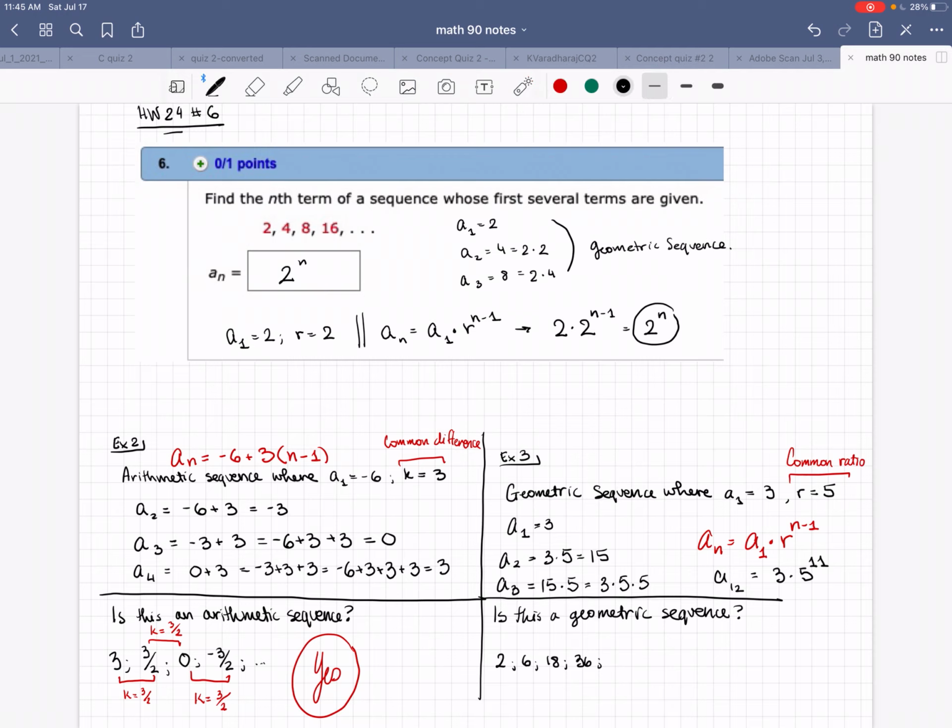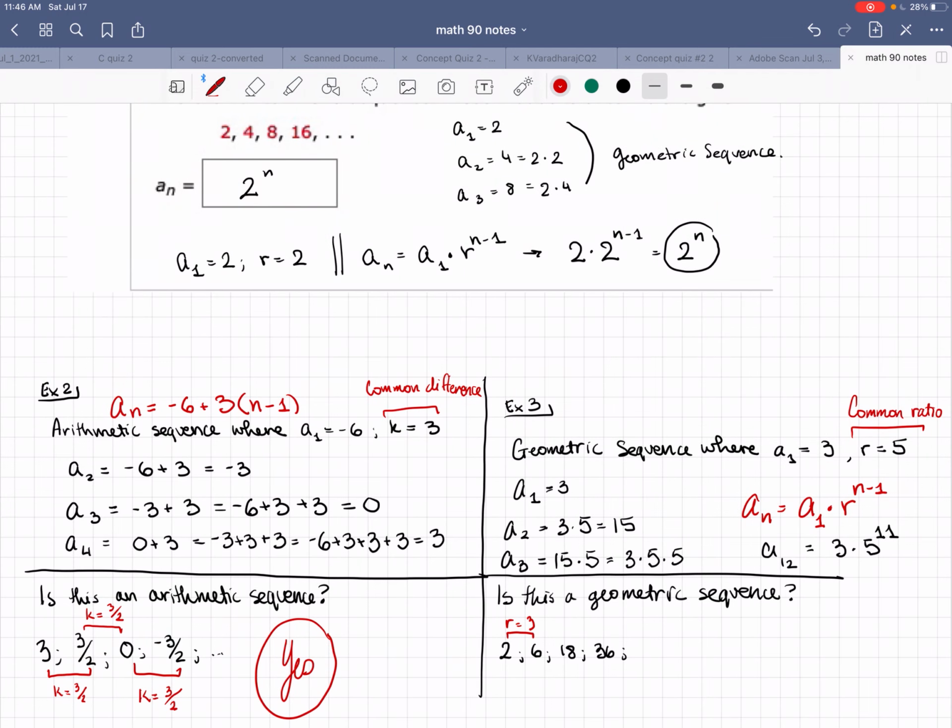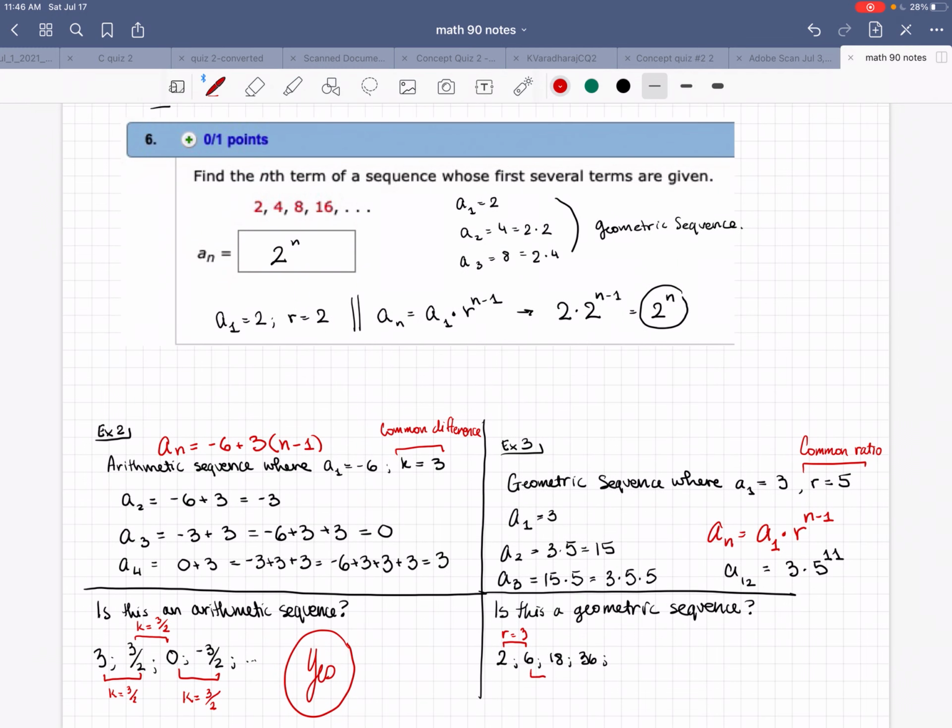Exactly the same way that I looked at the arithmetic sequence, I'm going to look to see if there is a common ratio. To get from 2 to 6, you would multiply by 3. This looks good so far. To get from 6 to 18, you would once again multiply by 3.